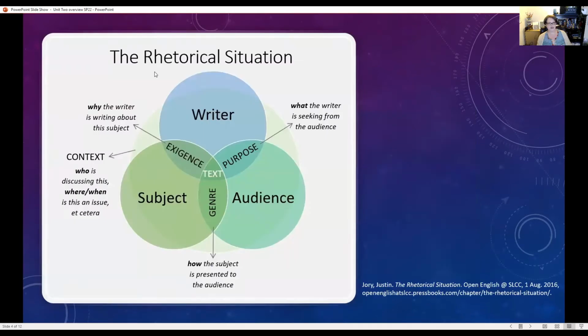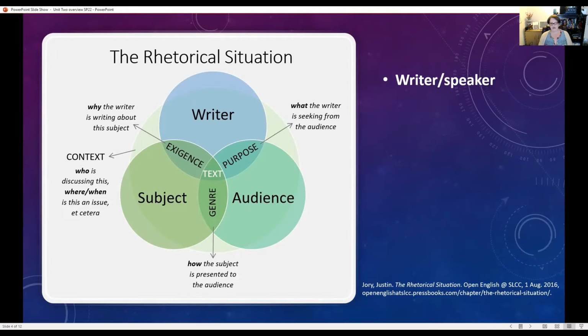So here is another graphic, and this is the rhetorical situation. I kind of like it because it's a Venn diagram and I'm a bit of a nerd. But we have several overlapping circles that illustrate how a bunch of different things come into play when we are writing or speaking. Of course, we're primarily concerned with the writer or the speaker, the person who is doing the communicating.